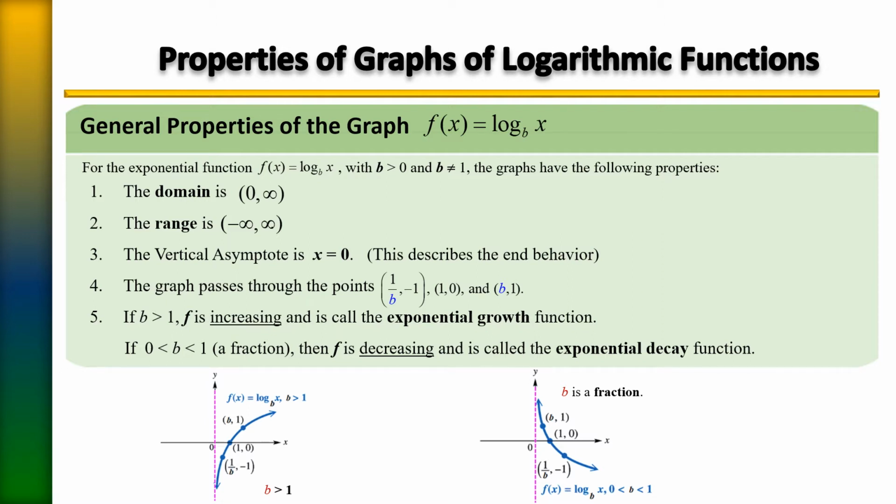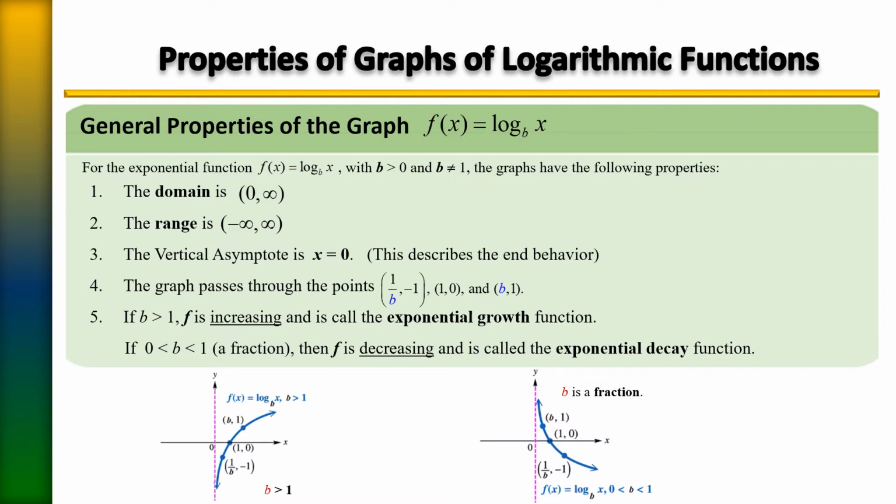And the logarithmic function is just the opposite. It kind of sits on the y-axis, but it doesn't touch it. It has a vertical asymptote at x equals 0. So again, a log function and an exponential function are complete opposites of each other.